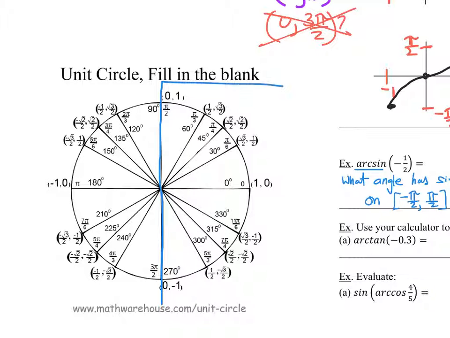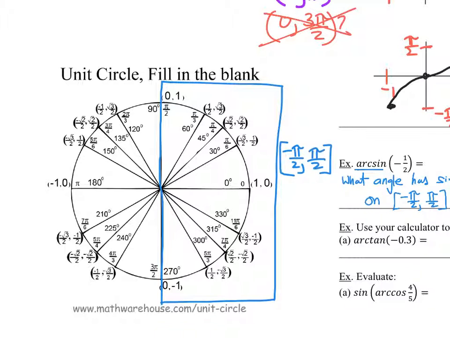So this is my interval of -π/2 to π/2. Only in this is where arc sine exists. So I'm just looking for the y value that's equal to -1/2, which would be right here, which corresponds to this angle, or this group of angles.